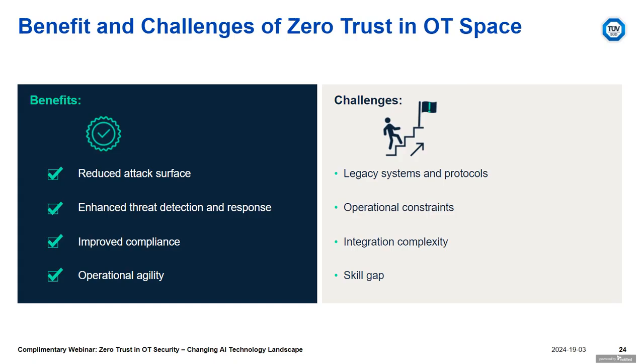The zero trust principle has a challenge there to adopt, and how to address it will definitely be part of it. Legacy systems are tricky to manage. Operational constraints, downtime, and disruptions should be minimized during implementation. Integration complexity.